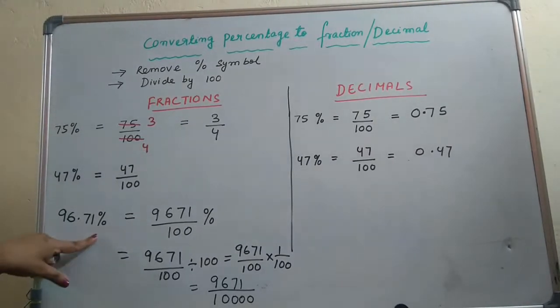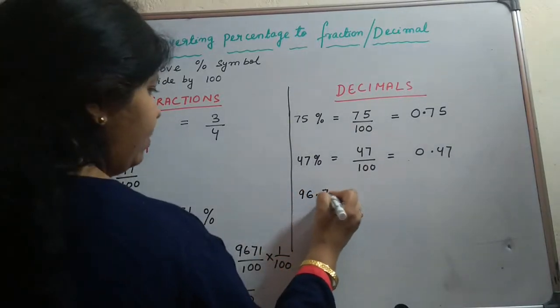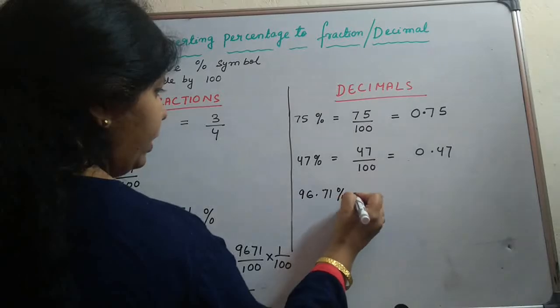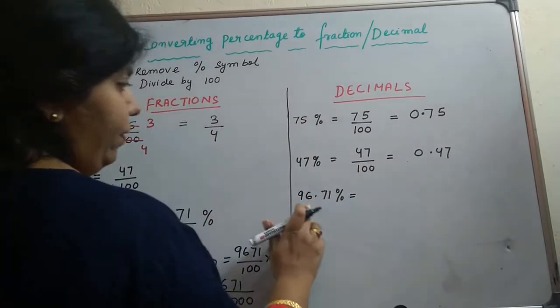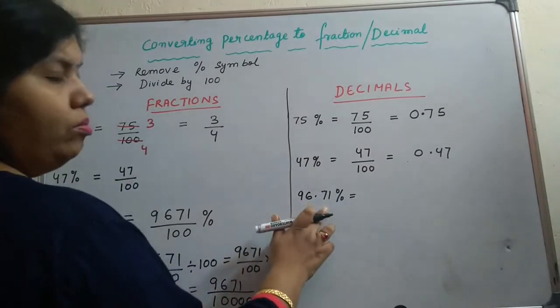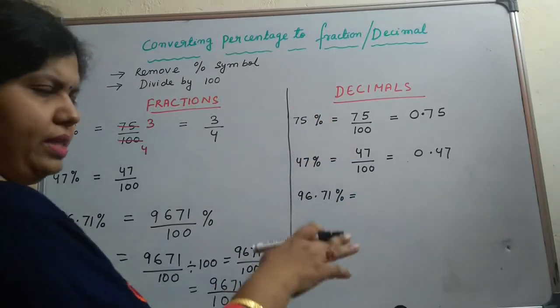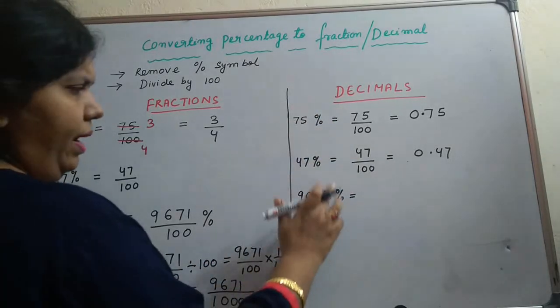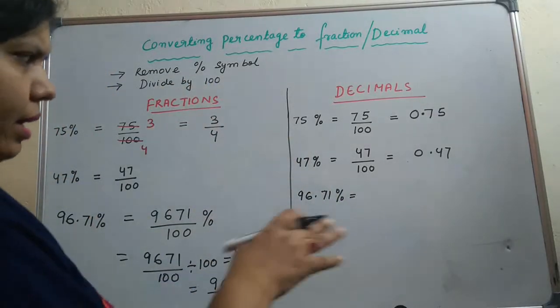Now we have to convert it into decimal. The same thing, how will we do it? 96.71% equal to, we will not convert this 96.71 into a fraction. No need. Why? Because we have to convert it to decimal. So let it be in decimal in this way. Only for the percentage you change it into the by 100 form.